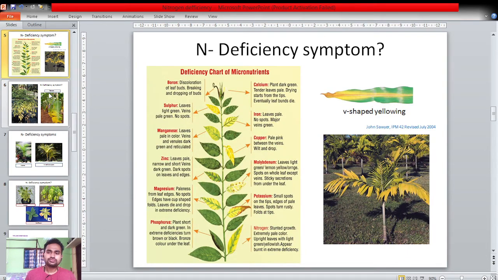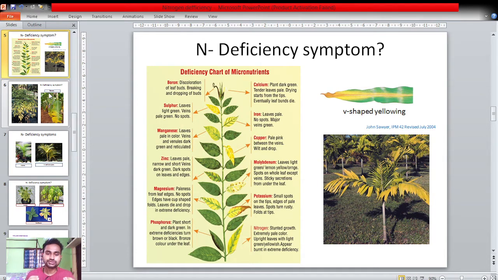When we study the different deficiency symptoms of nutrients, we basically follow a chart called the deficiency chart of nutrients. In this chart we can see the place of the deficiency symptom. That means for a certain nutrient, the symptoms do not come throughout the plant.